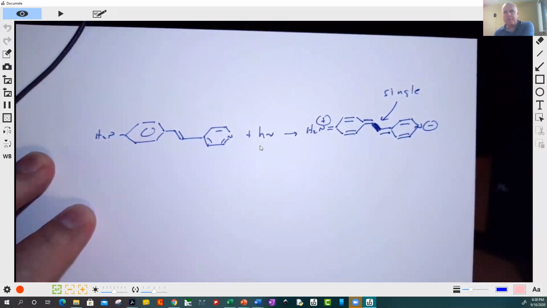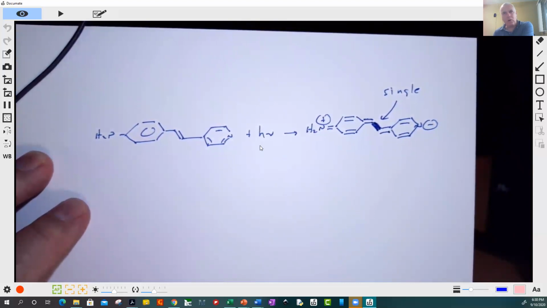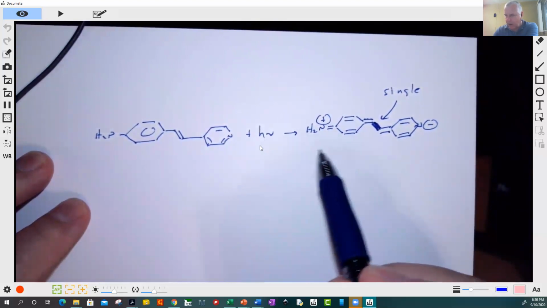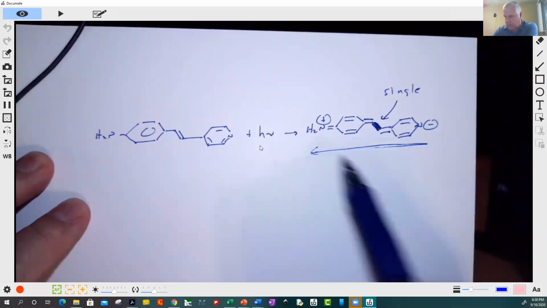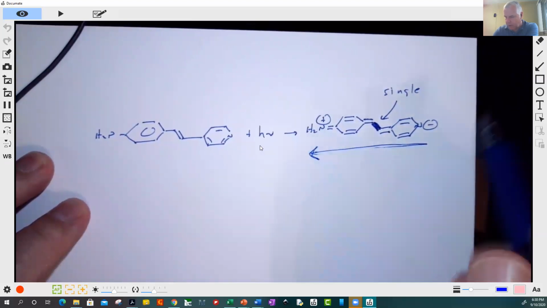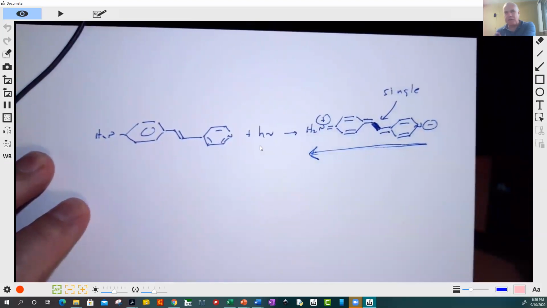There's a certain amount of work that the photon does on the molecule, and it's always separating charge. In the case of the stilbene, it separates it right along the molecular axis. Right? So we get a dipole like this, right? That's the physics dipole with the positive at the end of the arrow.